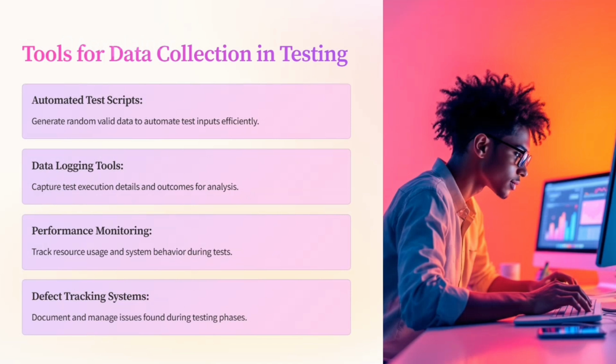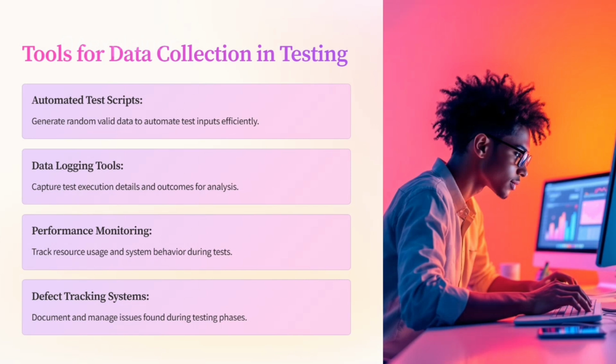Now some tools are there for data collection and testing. The first thing is we can generate random valid data with the help of an automation script. We also need some data logging tools, through which we can capture the test execution details and the outcome of analysis.